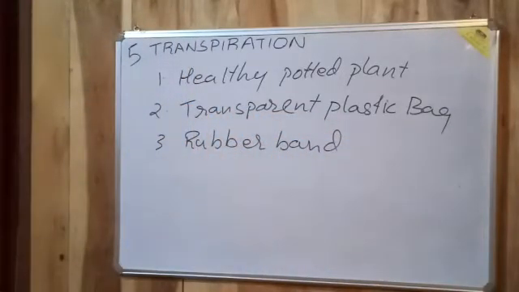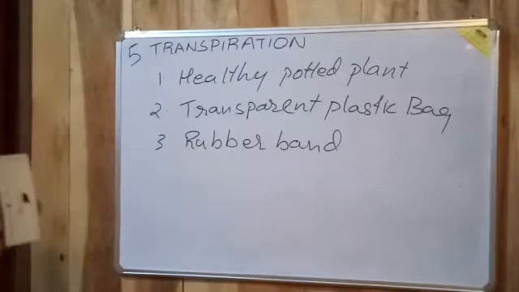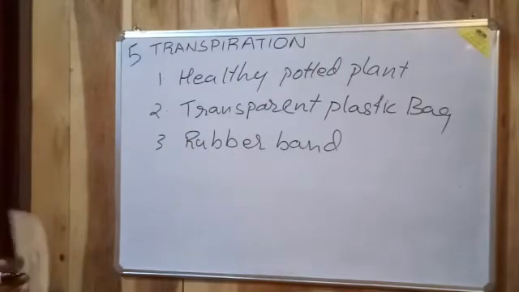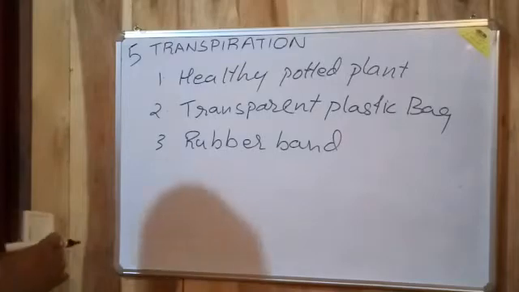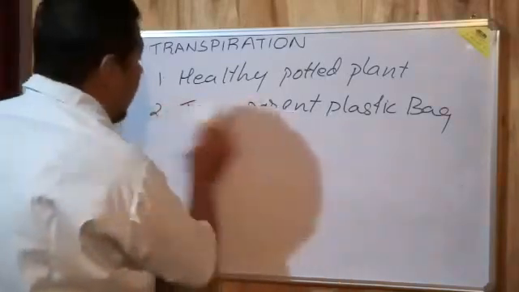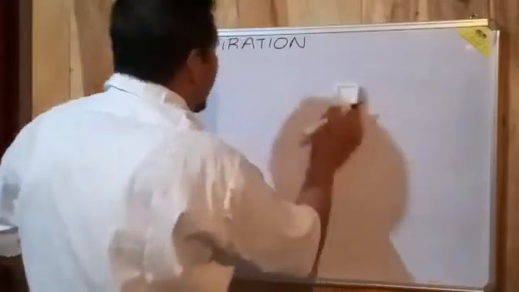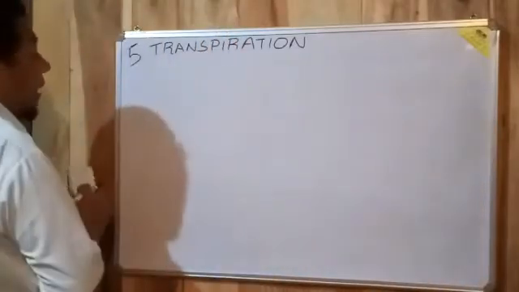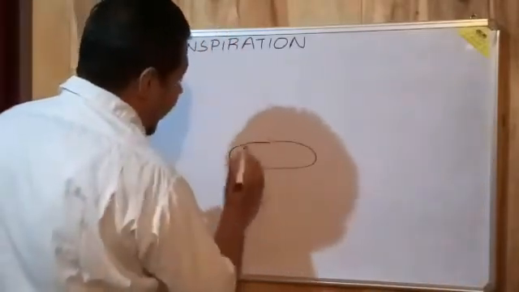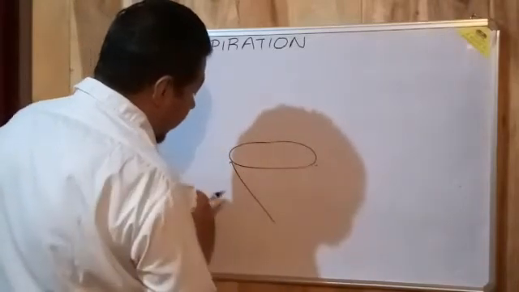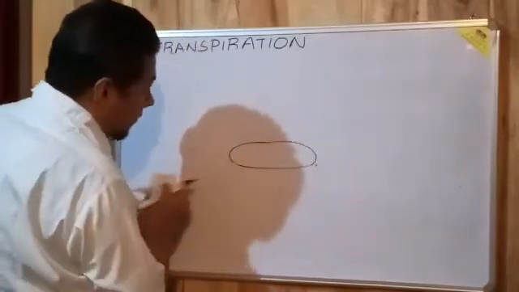First thing we need is a healthy potted plant. Second, we need a transparent plastic bag, and the third thing, we need a rubber band. Now, we will see how these 3 things can be put together to perform an experiment. A healthy potted plant is taken. I am just drawing a rough diagram here.